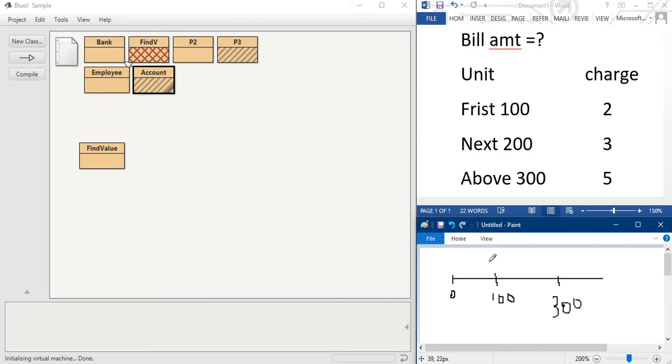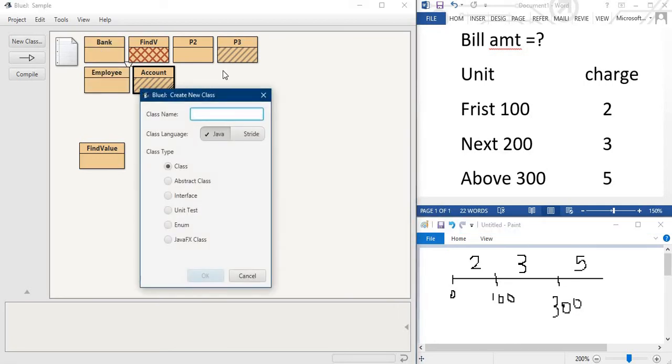Now in between, this one charge is rupees 2, here is rupees 3, and here is rupees 5. Now how to do the calculation? Always try to do the back calculation. I will show you with the program how you do the calculation.